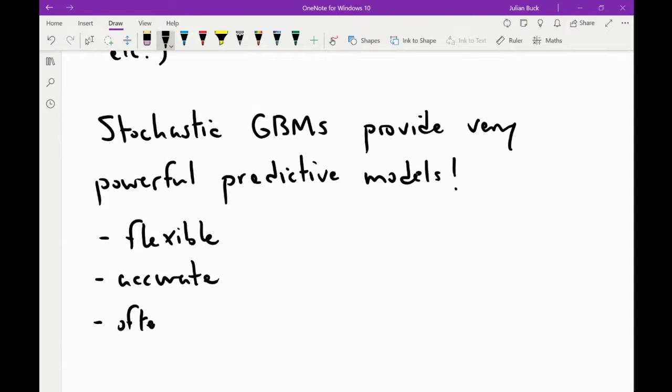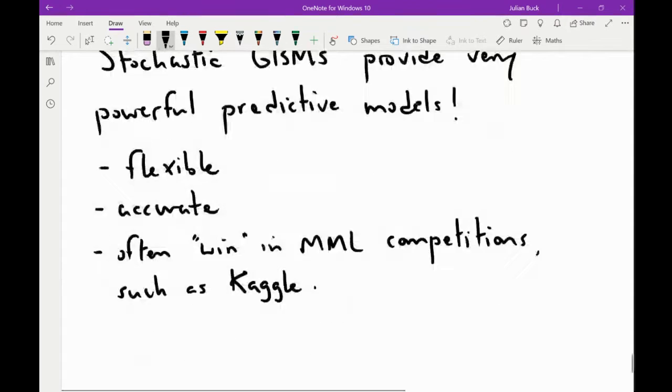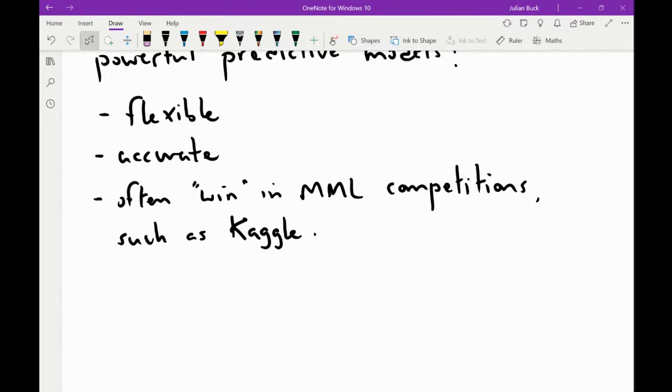And they often win or perform well in machine learning competitions, such as Kaggle, which you can look up online, go to the website for it, and it provides all sorts of competition data sets and problems. So it'll say, here's a machine learning problem, here's the data set, do the best you can. Come up with an algorithm that has the highest accuracy or the smallest root mean square error, depending on the kind of problem you have. And so that can be fun. And yeah, so gradient boosting is often one of the better approaches here.